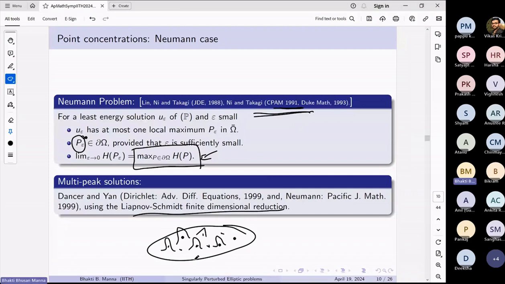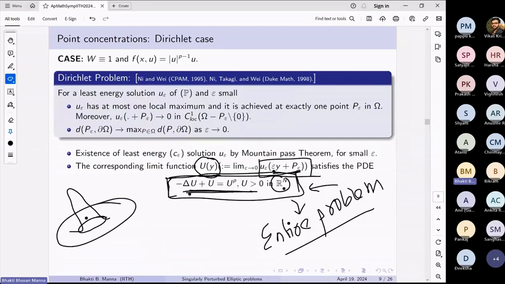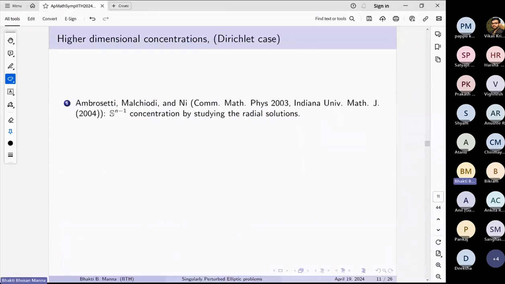The idea is basically to put a copy of this particular function via this scaling factor at those particular points, and then use this technique, finite dimensional reduction, to prove that such a solution actually exists, which concentrates on these particular points. Okay. So we shall come to that, maybe briefly.